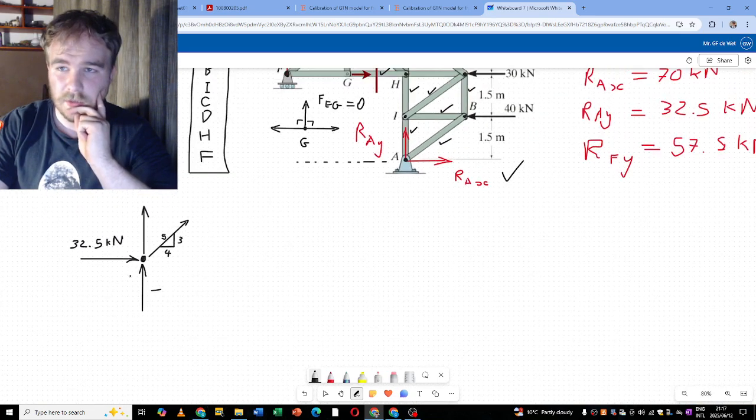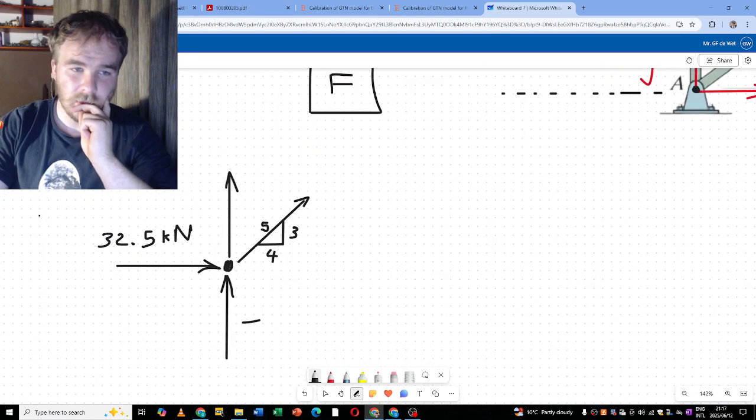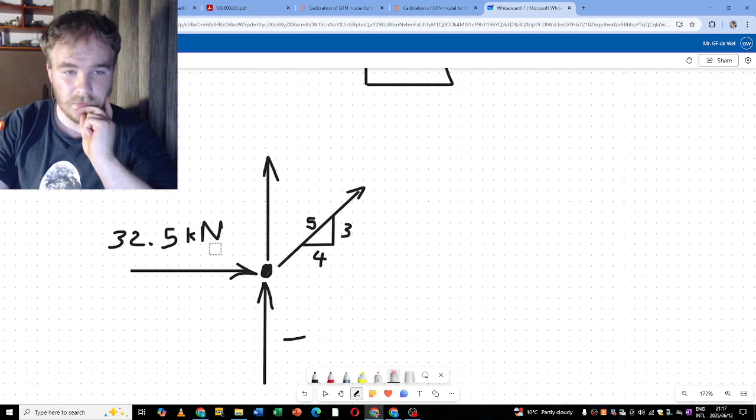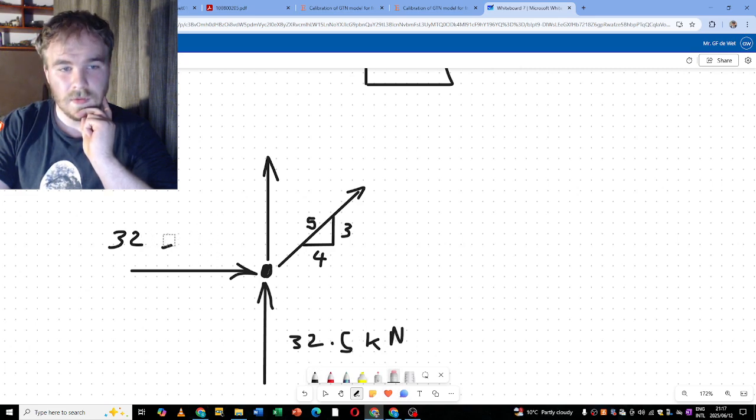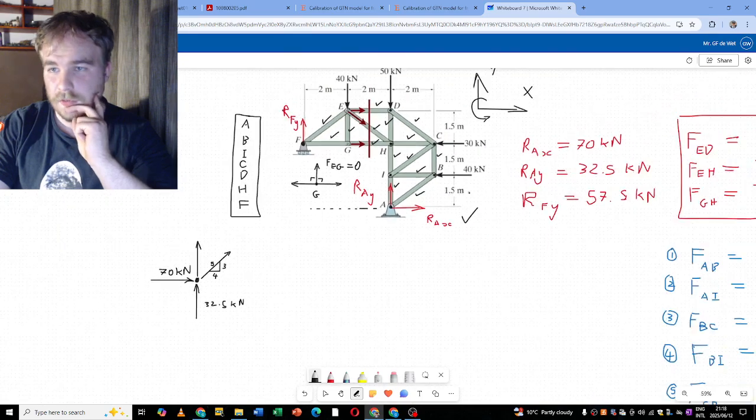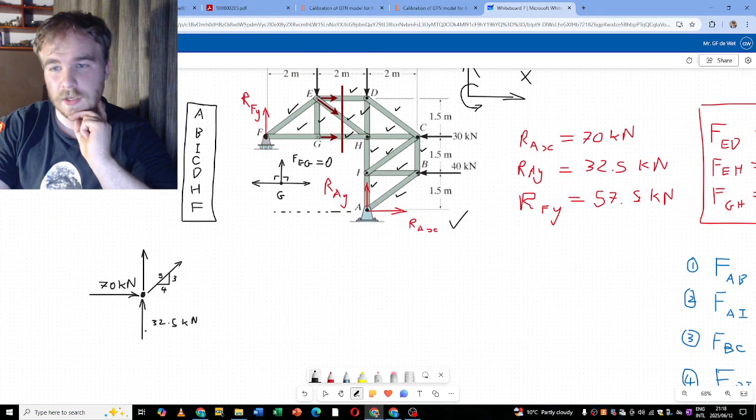No, I messed that up. I should do them the other way around. This guy is 32.5 kilonewtons, and this guy in the X direction is 70 kilonewtons. Should be correct now. 70 kilonewtons in the X direction and 52.5 in the Y direction.